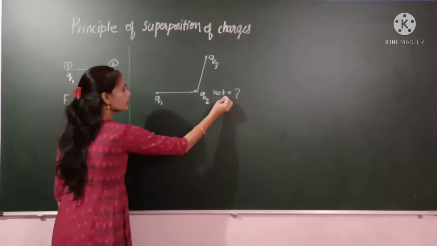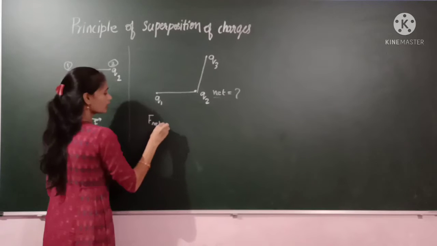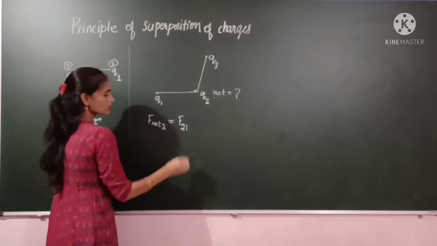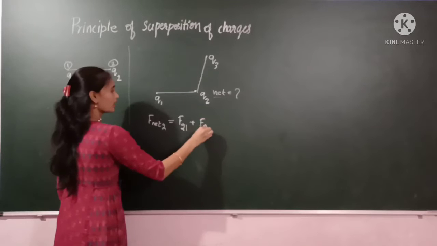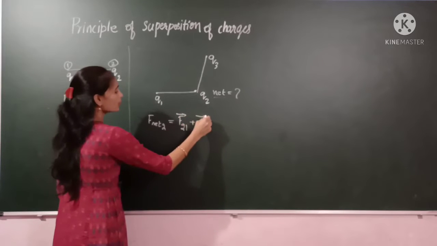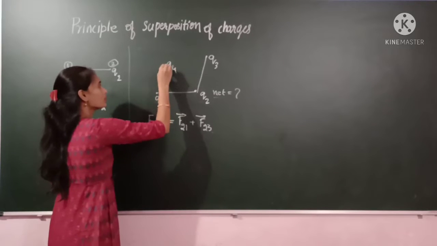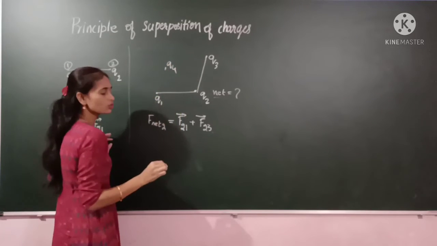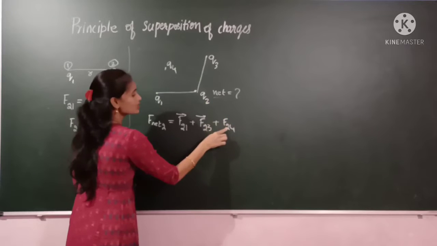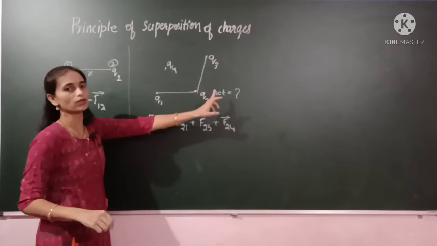So the net force on the second charge is the force on the second charge because of the first, plus the force on the second charge because of the third, F23. This means we have to do vector addition of all the forces. Suppose another charge q4 is present, then this charge will also apply force on the q2 charge, so the net force will also include F24, the force on the second charge because of the fourth charge. This is how we calculate the net force on any particular charge.